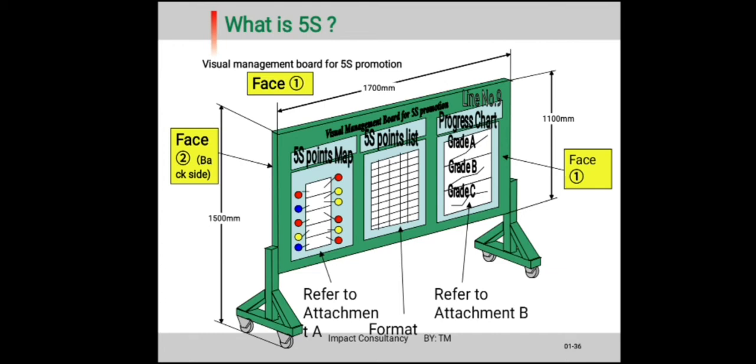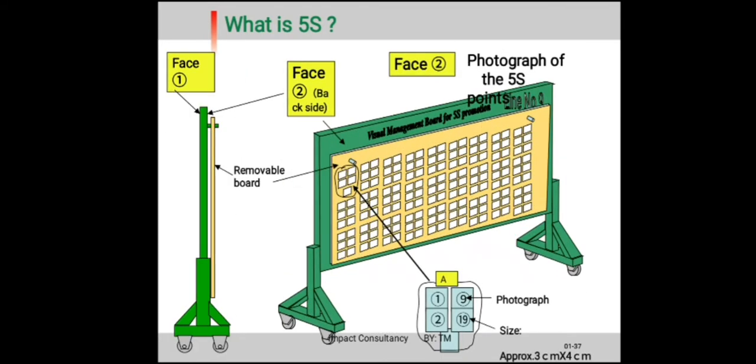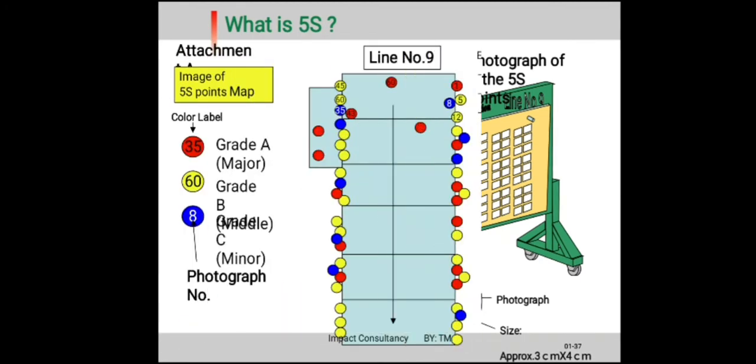Different people are participating, and the higher achiever will be posted on the Kaizen board, and also different achievements will be posted. Here is the back side of that 5S board. You can use it as you want, it's important.